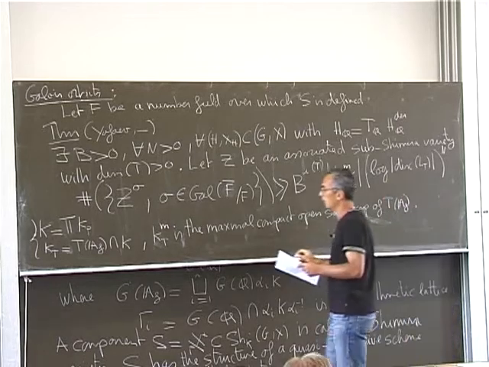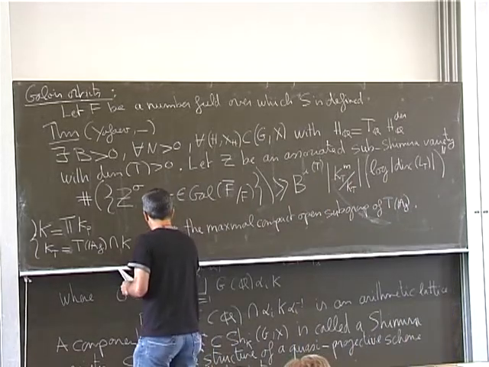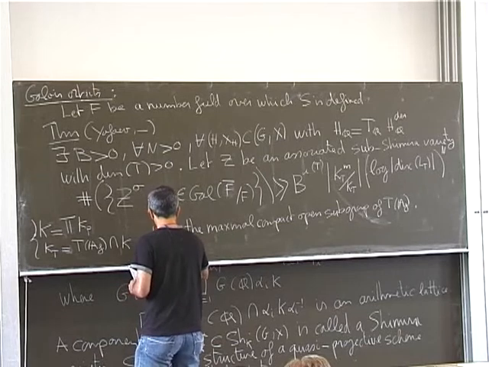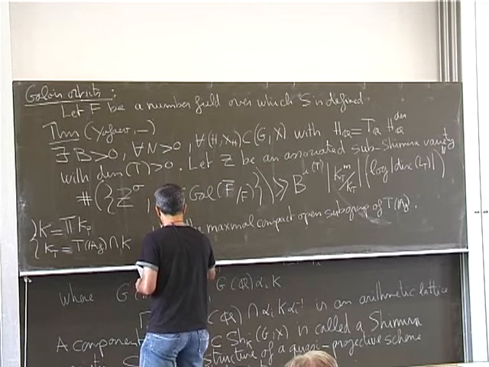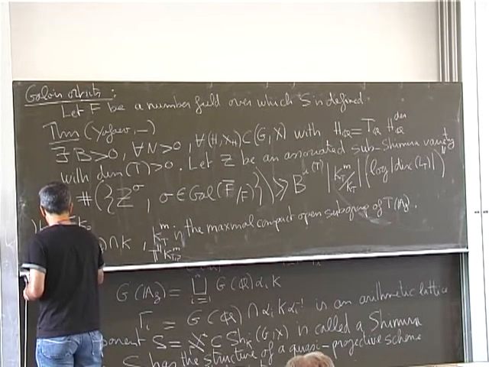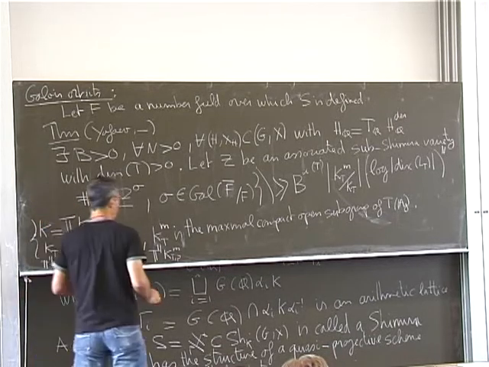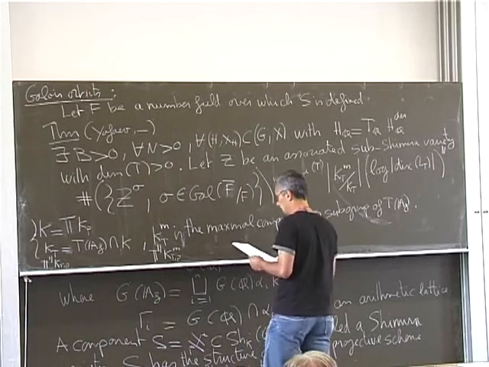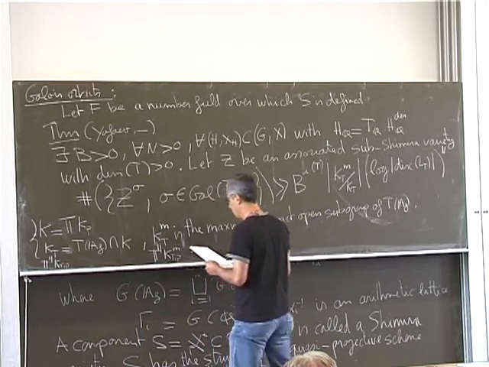So this is a product over all p of K_{T,p}^M, and this is a product over all p of K_{T,p}. And okay.